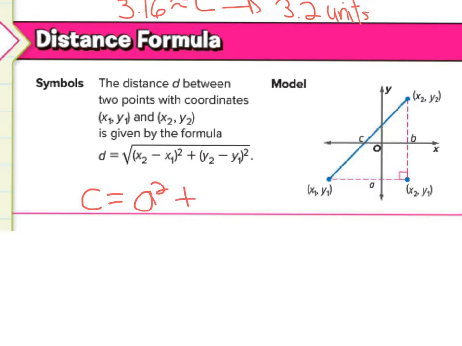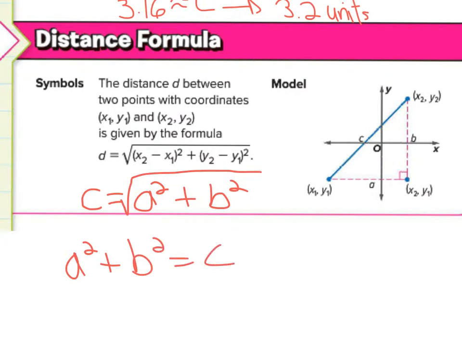And our y2 minus y1 squared is our b squared, right? And because we're not writing the square root on this side, okay, the power of 2, we square off this side. So it's essentially the same as a squared plus b squared equals c squared. We've just rearranged it and written it as a distance formula. Okay?